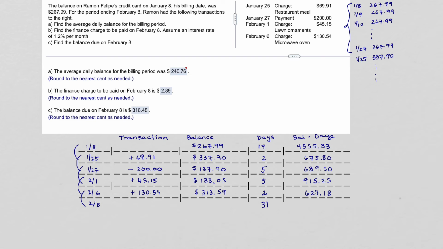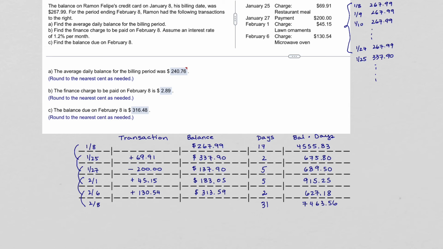And so that gives me a total of $7,463.56. Now this is just the sum of the balances throughout the month. So this is not an amount of money that anybody owes or has to pay. So now we want to figure out the average daily balance.